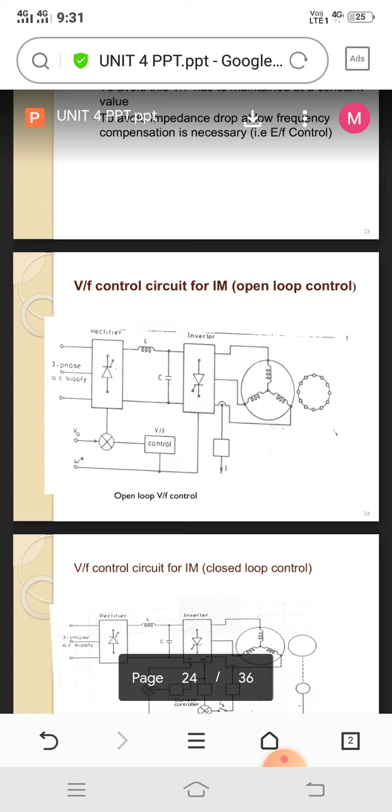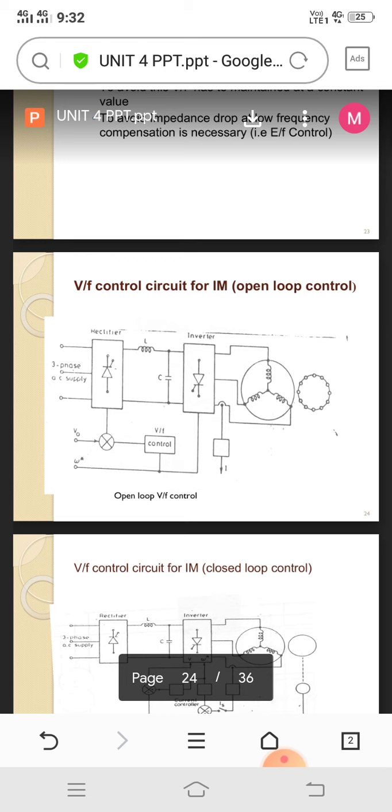If the DC has any unwanted noises or unwanted harmonics or disturbances, they may be corrected by using the filter components, inductor and capacitor. After this filtration, the DC reaches the second converter, the inverter.